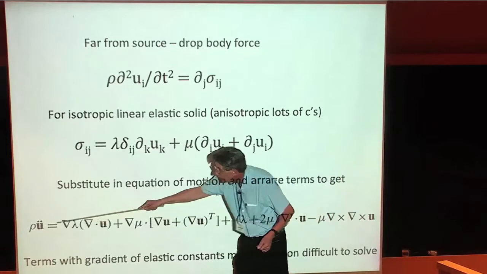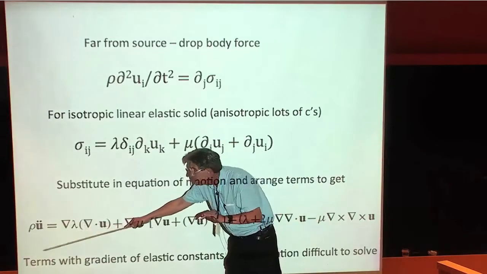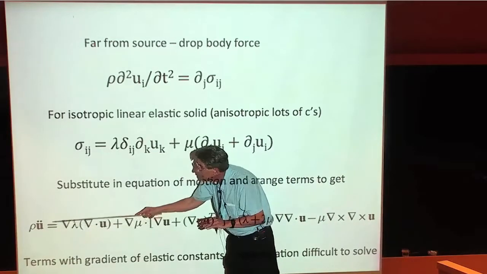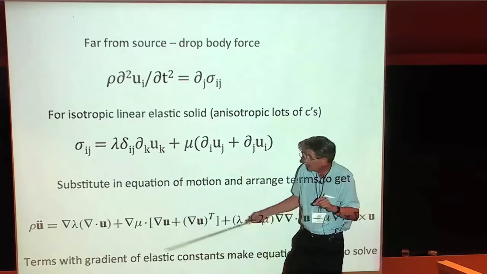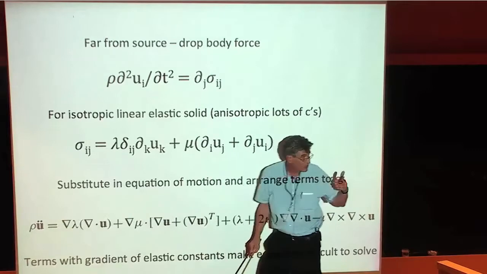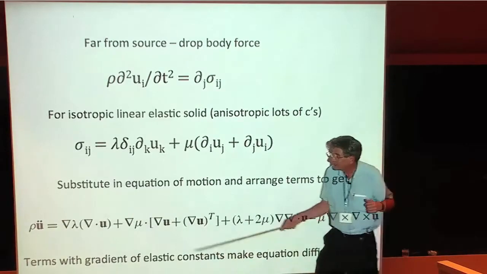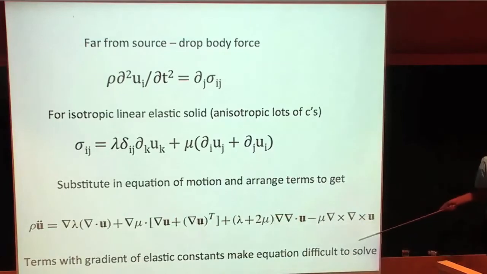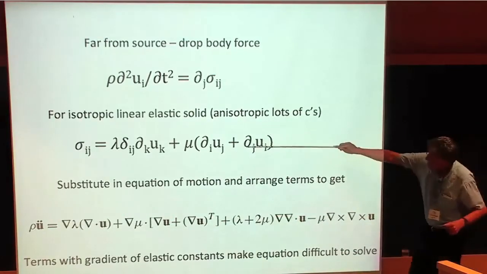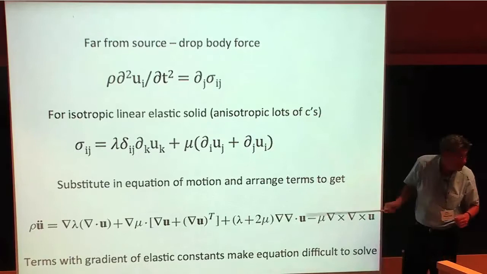One equation for ux, one for uy, one for uz. And I notice I use dots for time derivative. If you put a dot on top here, it means it's a time derivative, so that's the mass times acceleration term here. All this other stuff just came from plugging that into that term over there.